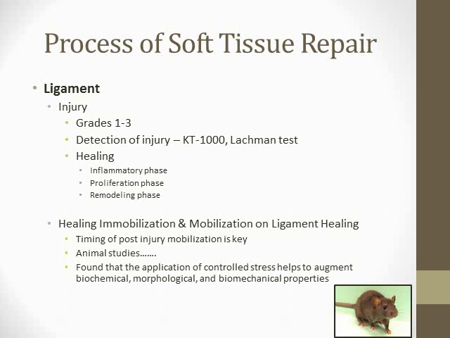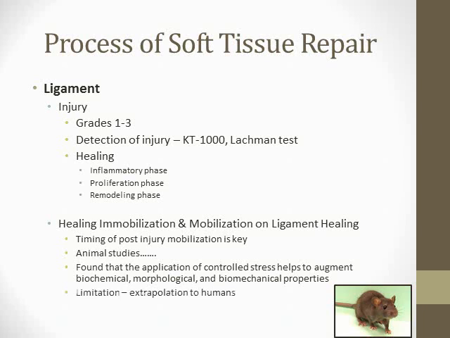A particular study looked at where the medial collateral ligament had been transected, and then after 2 weeks one group of rats was placed in a relatively immobile state, just being contained to cage activity, versus a group of rats who were placed on a treadmill. Those who were sacrificed and then examined at 8 weeks, they found that those who'd had the increased treadmill activity ended up doing much better, and they had a much greater tensile strength of that medial collateral ligament when it was stressed.